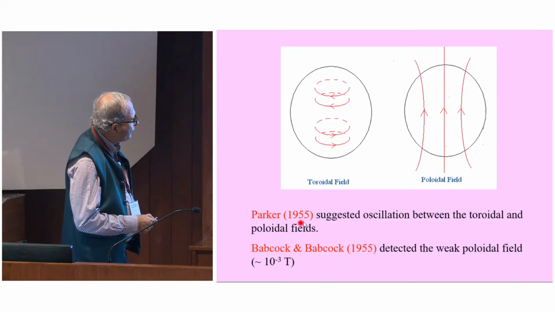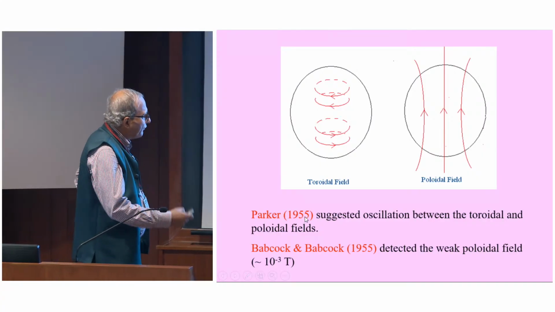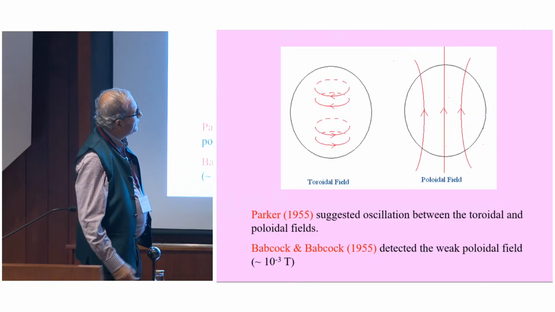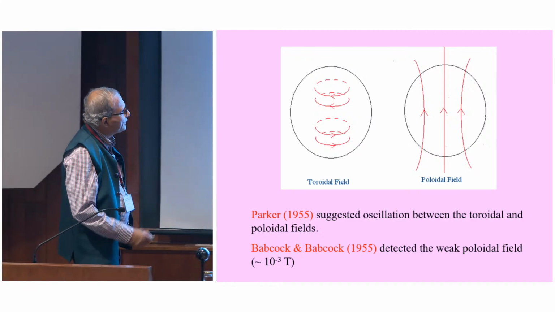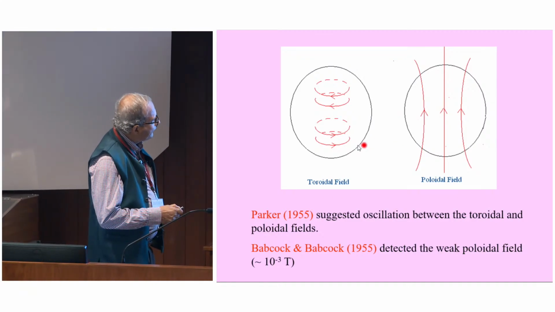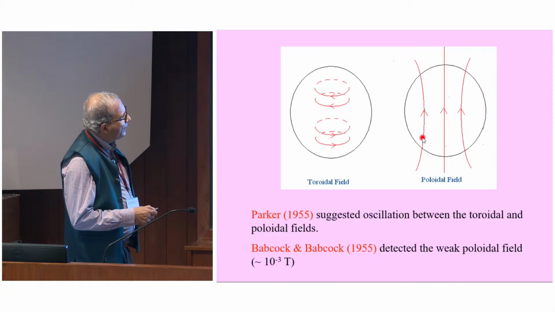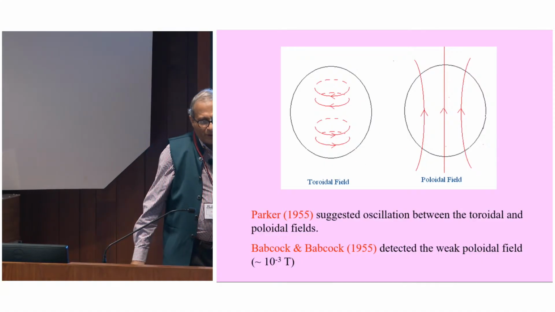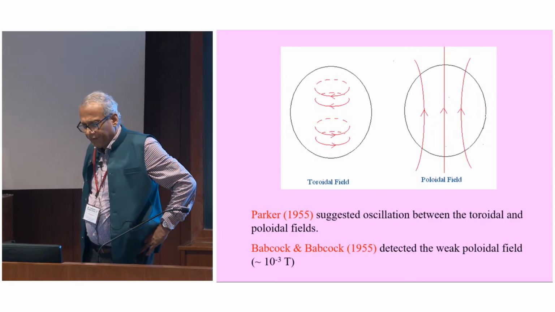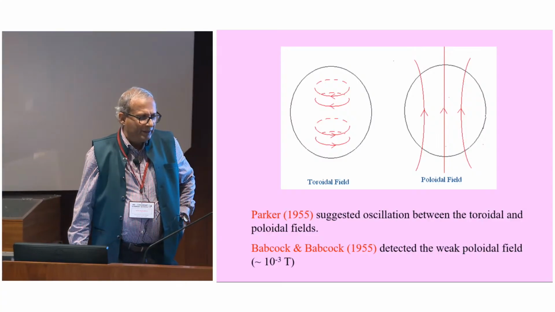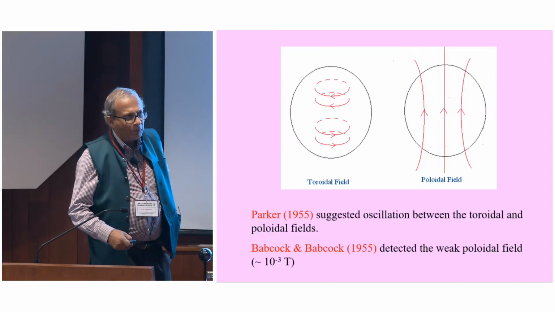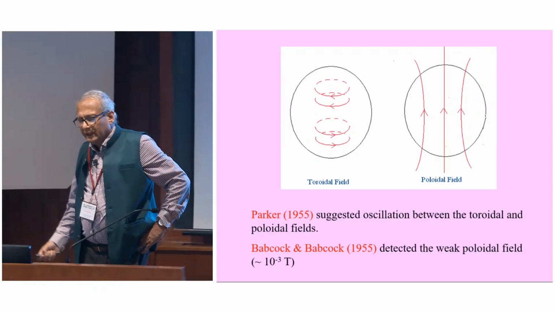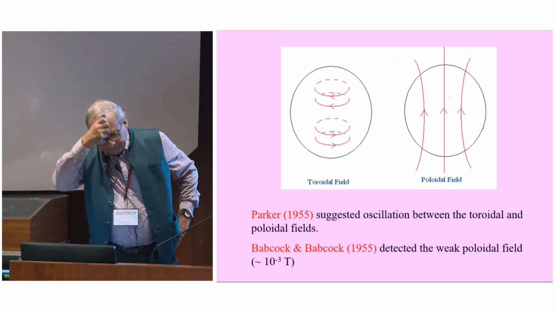And in 1955, Parker wrote the fundamental paper on dynamo theory, in which he proposed a model of the sunspot cycle. He proposed that the cycle is produced by an oscillation between the toroidal field and the poloidal field, somewhat reminiscent of the oscillation between potential and kinetic energies in a simple harmonic motion.